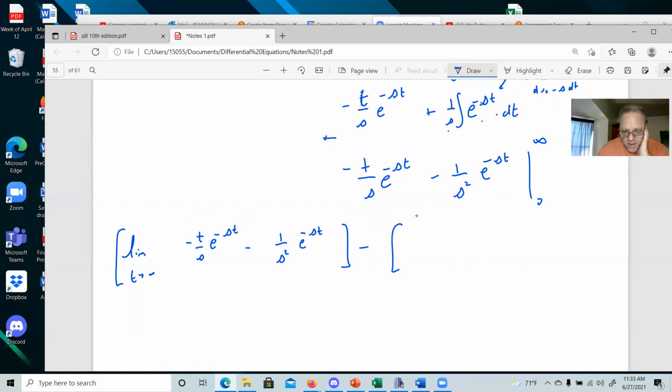Minus, we have 0 over s e to the negative s times 0, minus 1 over s squared e to the negative s times 0. As t goes off to infinity, we have effectively t over e to the st here, don't we? There's a 1 over s.